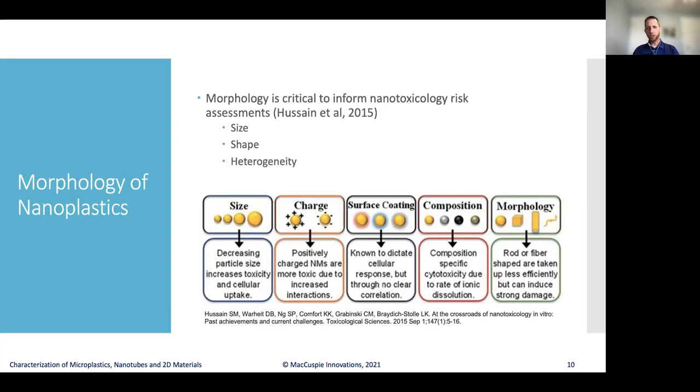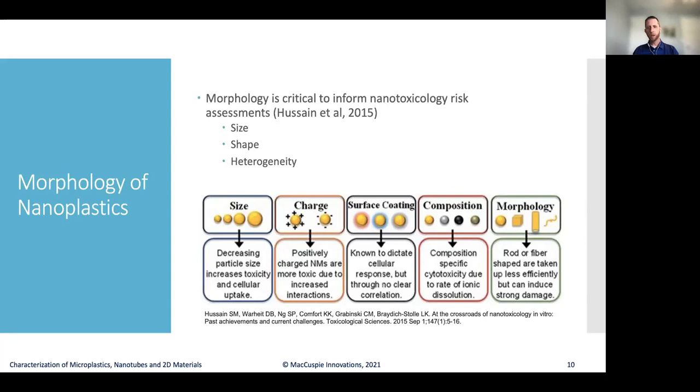Of course, the composition of the material itself, maybe it's a different type of plastic, maybe it's a composite plastic that might be able to release some metals, will impact the various rates of toxicity if there's release of ions. And of course, the morphology is important. There is literature that shows rod- and fiber-like materials can be taken up less efficiently, but can induce stronger damage to cells. And so, again, it's really important to characterize these materials thoroughly.